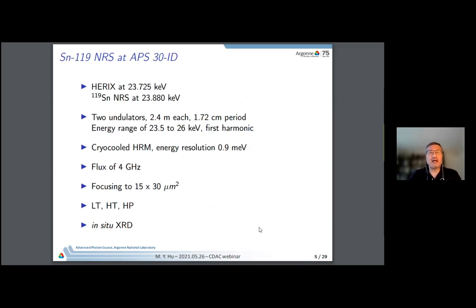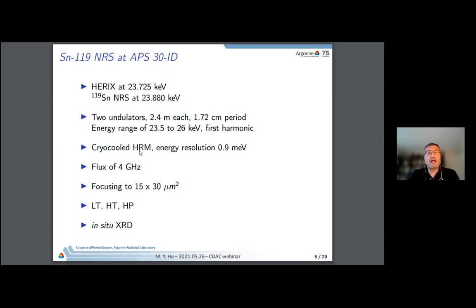There are some technical details about the source at the facility at sector 30. The beamline is mainly for the HYRIX experiment, which is used for phonon studies, mainly dispersion measurement and also general phonon measurement.